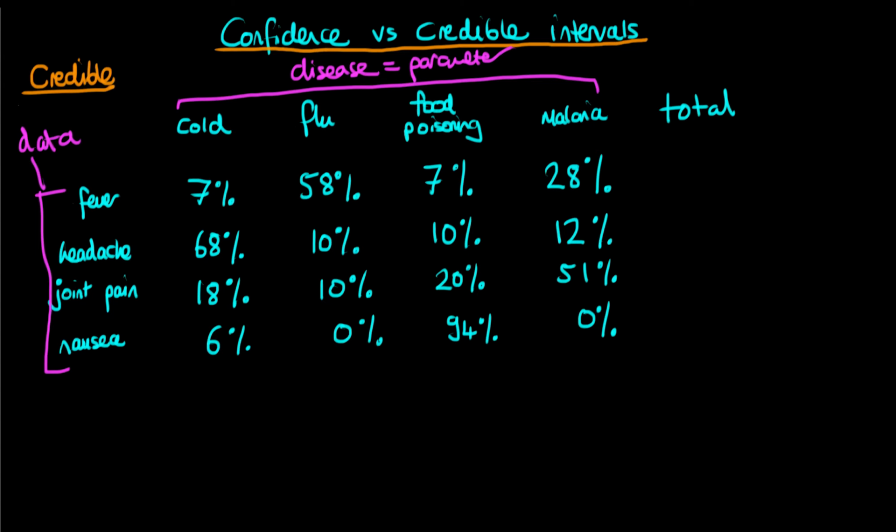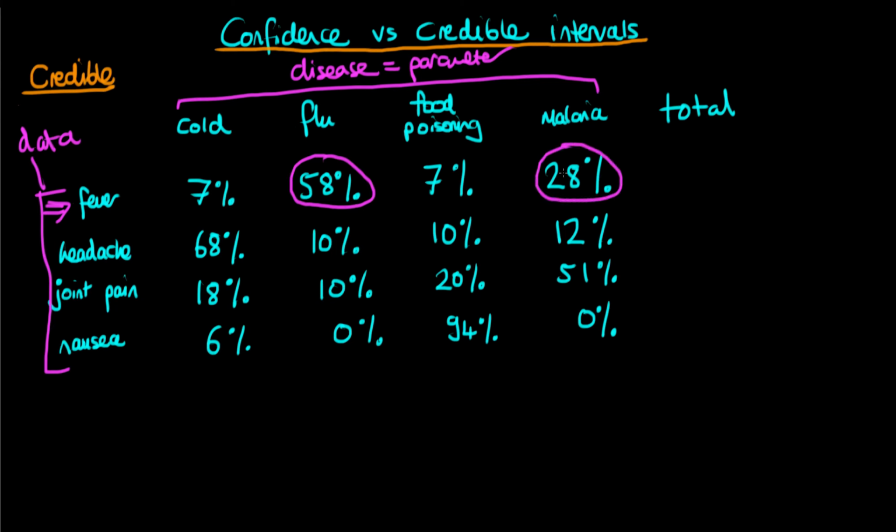So in forming credible intervals, we're going to condition on the particular data that we receive. So now we're going to imagine that an individual presents with fever as their first symptom. And now what we want to do is construct intervals of uncertainty, so select diseases here, such that we obtain at least 80% coverage. So here we see that for a fever, we imagine an individual could have flu or they could have malaria.